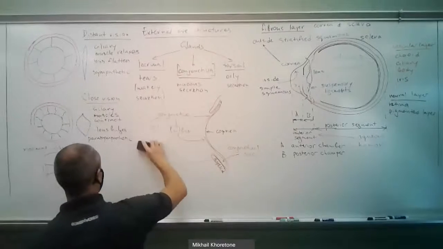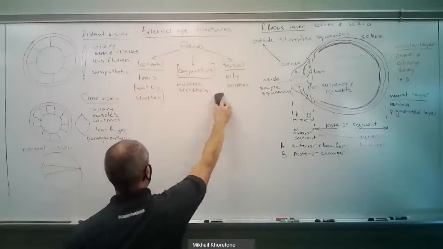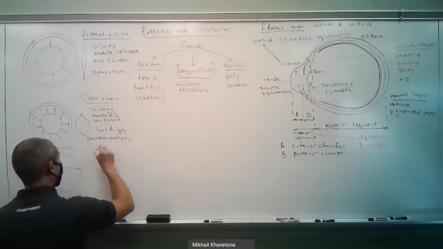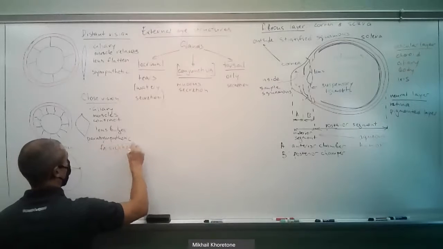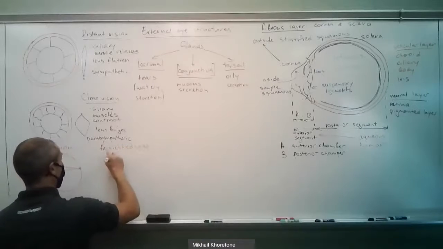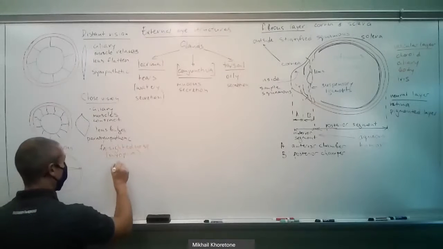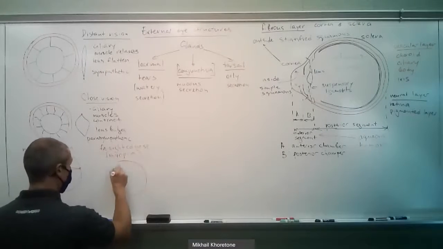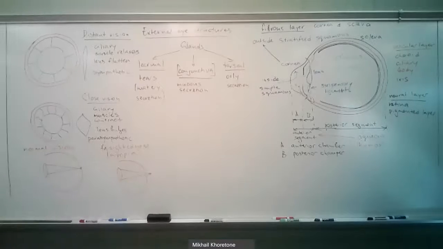Now, when we get older, for instance, many of us develop what is known as farsightedness. In this case, your image is focused behind the retina.